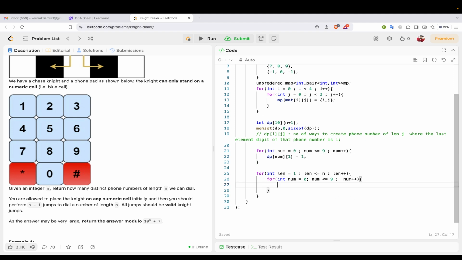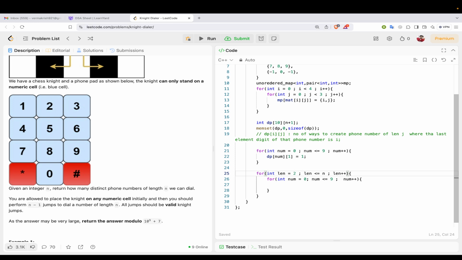Now for length 2, we have to start with 2. So for length 2, we want to insert a number as the last digit. Whatever the current number we are iterating over, that is what we want to put at the last digit.